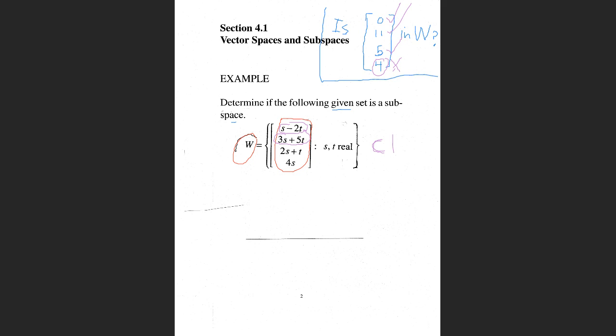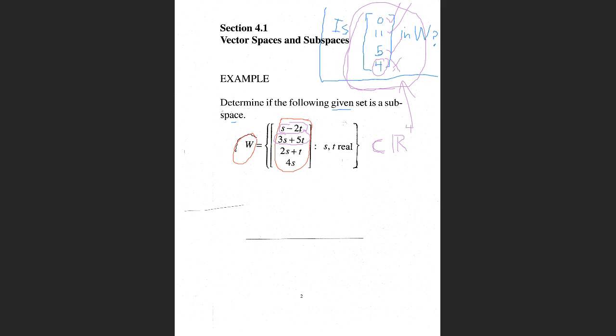It's a subset of R4. But is it equal to R4? No, because we just found a vector that is in R4, but it's not in this space W.